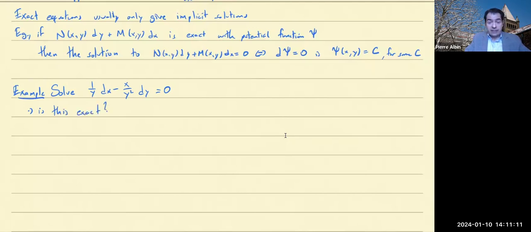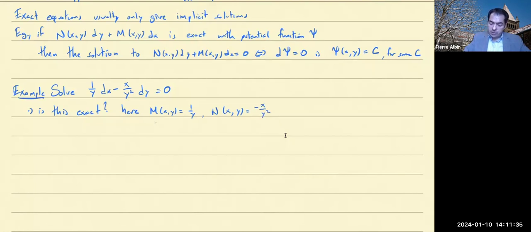Given that the class is about exact equations, you won't be surprised to learn that it is. But let's check. Here, the coefficient of dx, that's m, is 1 over y. The coefficient of dy, that's n, is minus x over y squared.